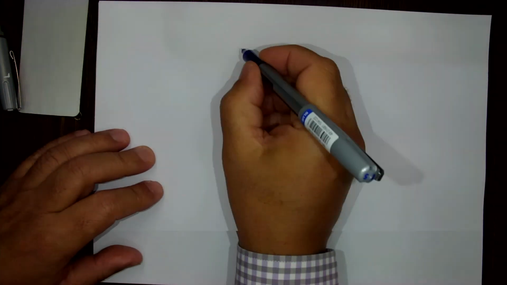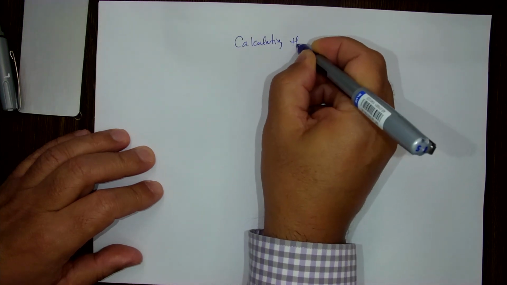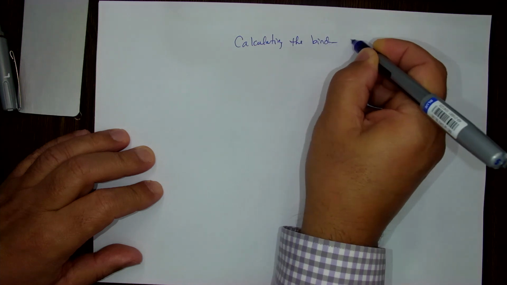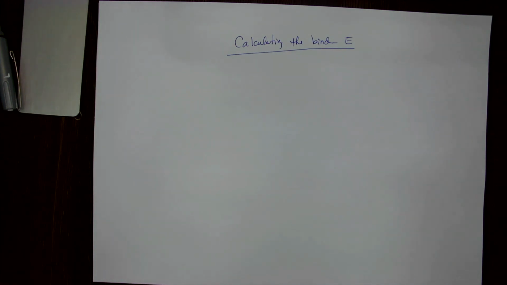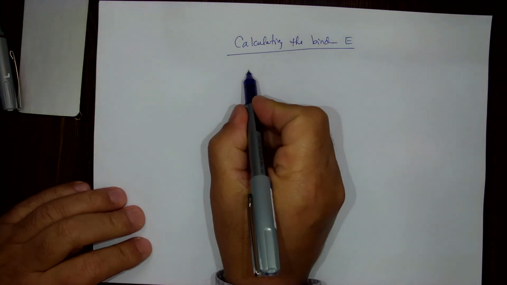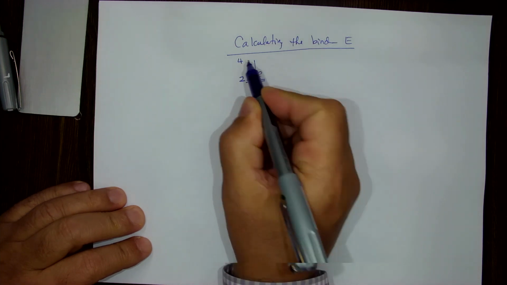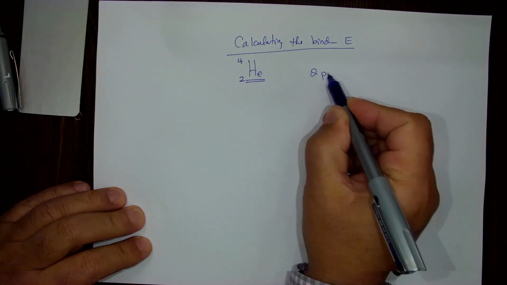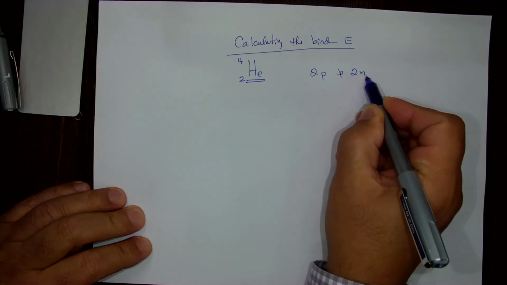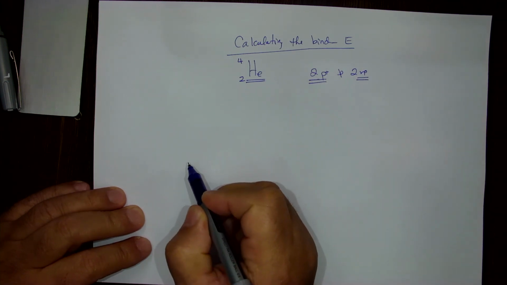Definitely you will need to calculate the binding energy. The best example which we took in class is calculating the binding energy for the helium atom. The helium atom has 2 protons and 2 neutrons, which is neutral, no charge.